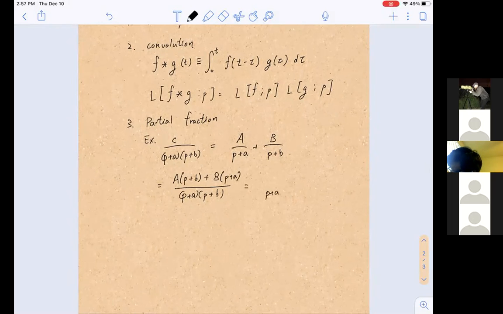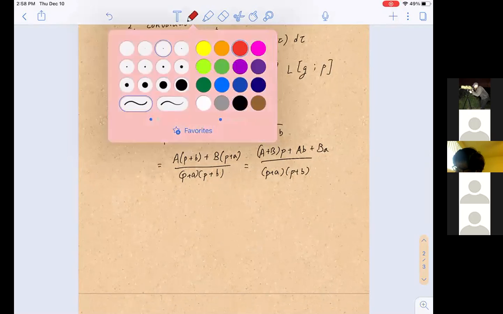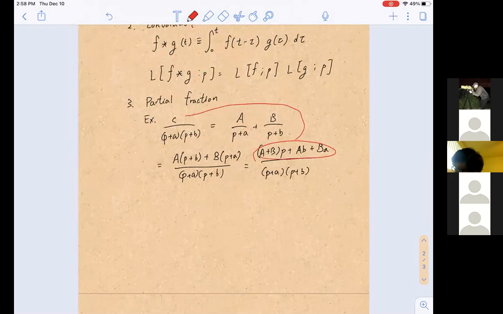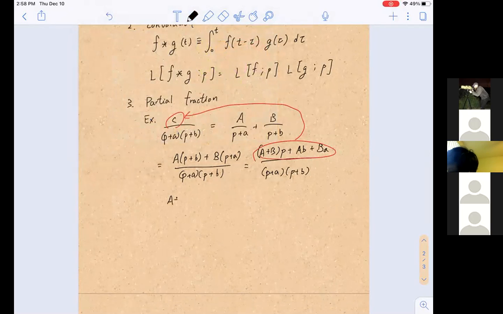So this is (p plus a)(p plus b), (A plus B)p plus, sorry, no, Ab plus Ba. Right. So then you equate this to this. So it must be that A plus B is 0 and Ab plus Ba is c.